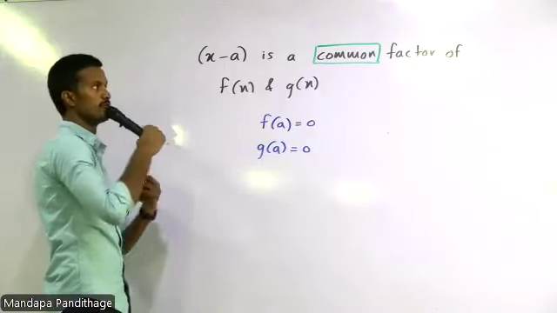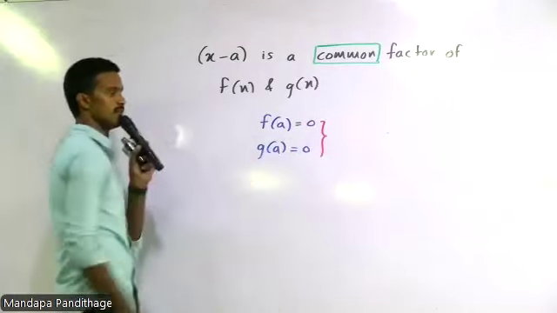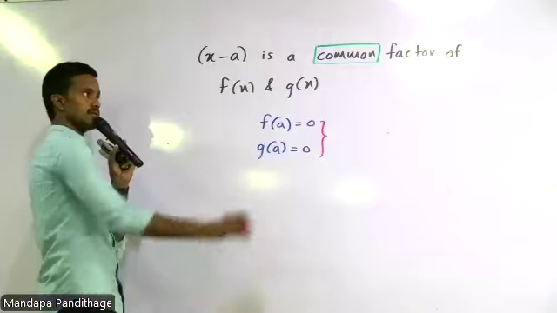Clear? So since x minus a is a factor for both f(x) and g(x), I can write two equations, f(a) equal to 0 and g(a) equal to 0.